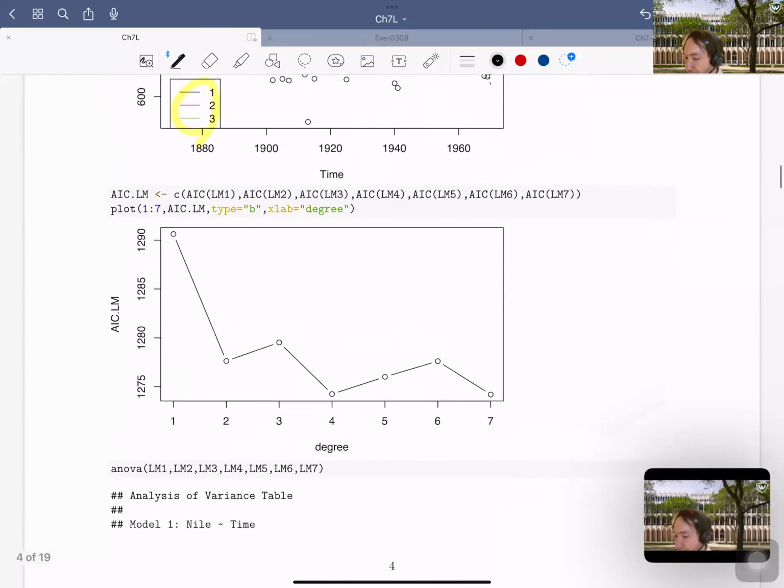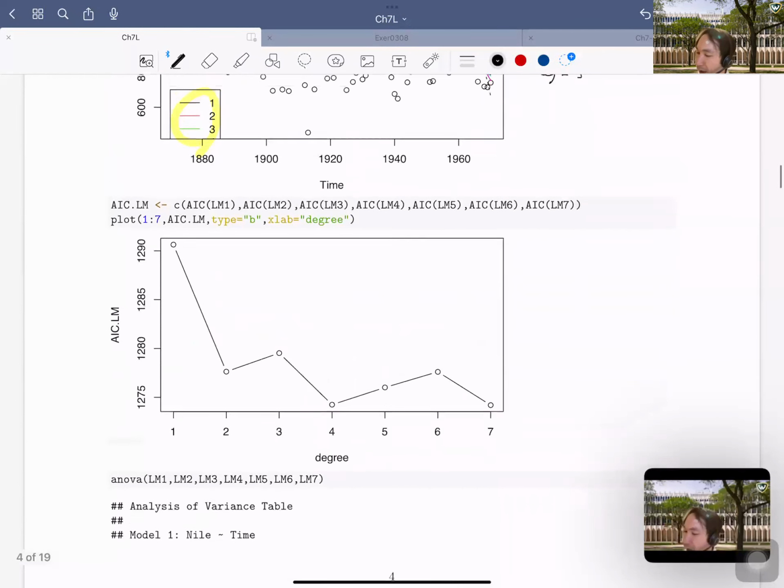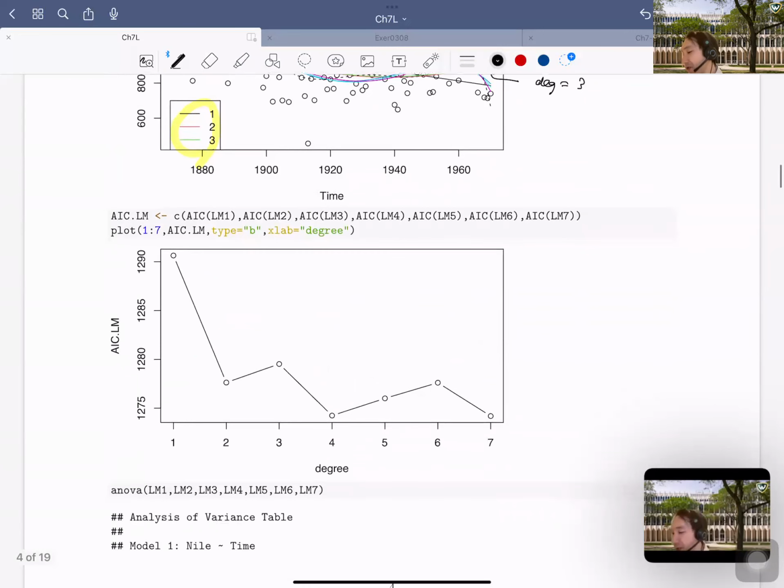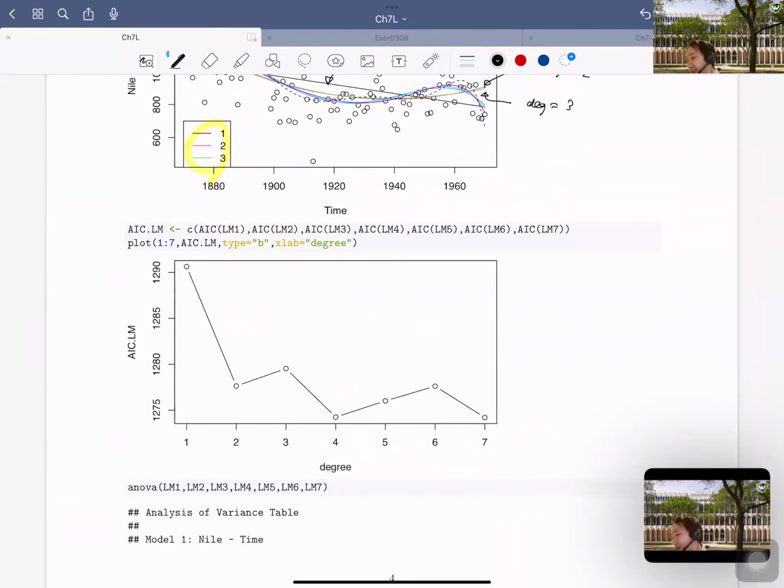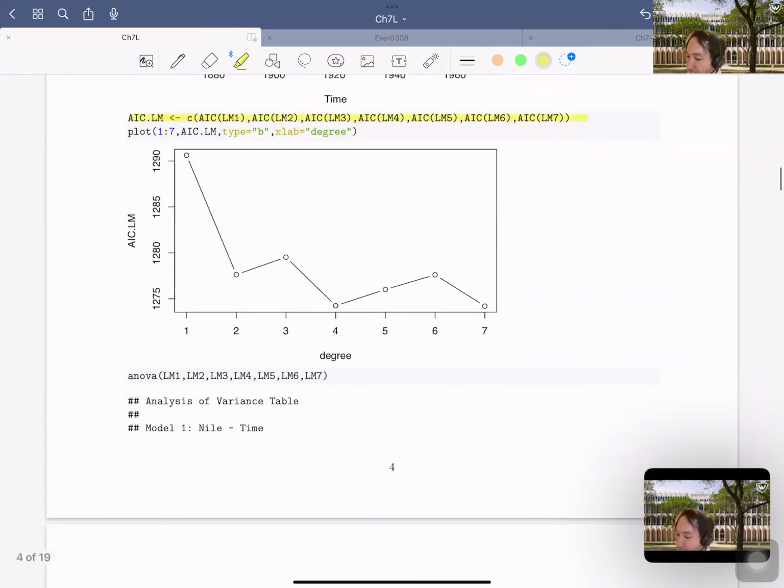You can check. To see which one is the best, maybe we should do cross validation, but it's a little bit complicated. So I just calculated the AIC, and the AIC value is minimized at 4. Maybe 7 is also small, but almost at the same level. So maybe we can choose 4. Even 2 is good enough, maybe.